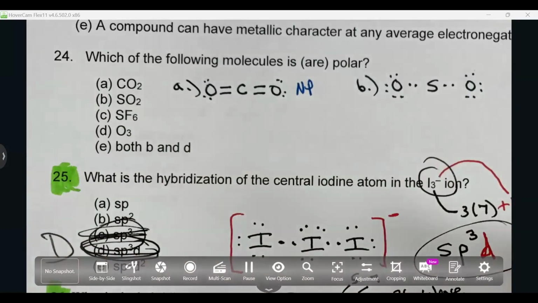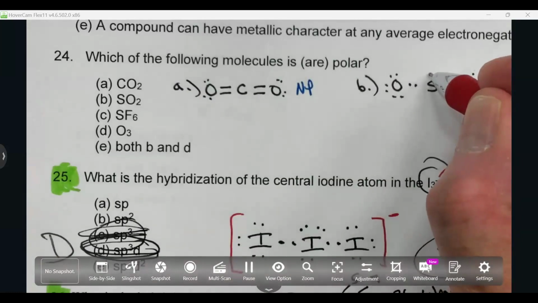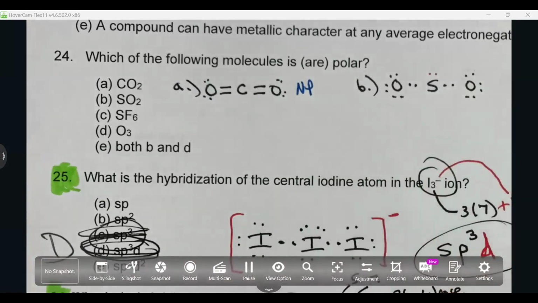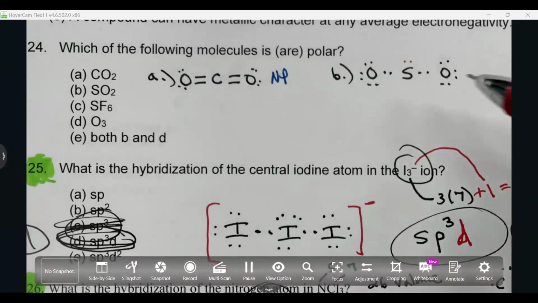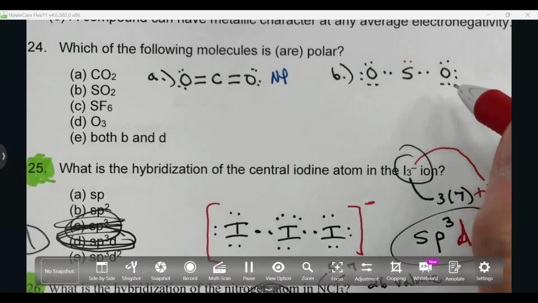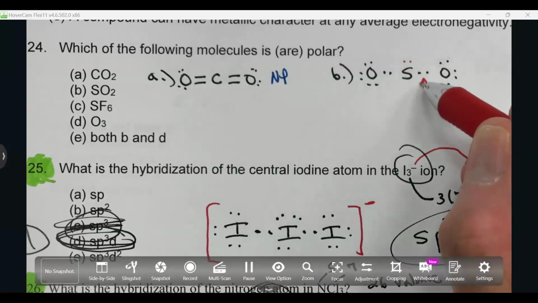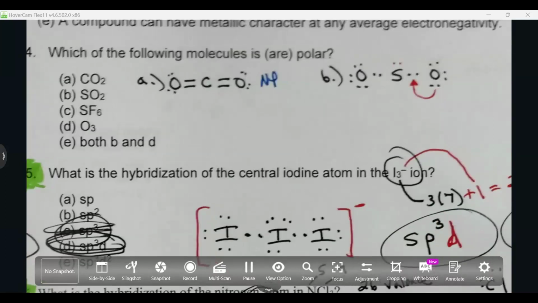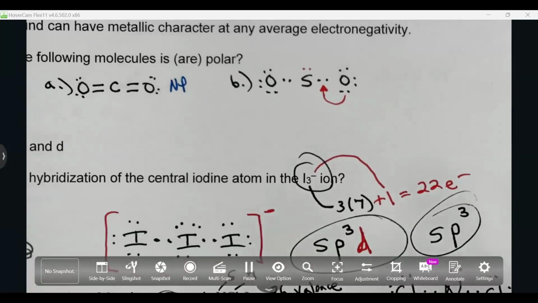But that's not going to do it, is it? We have to make multiple bonds here, huh? So we would have resonance structures here.